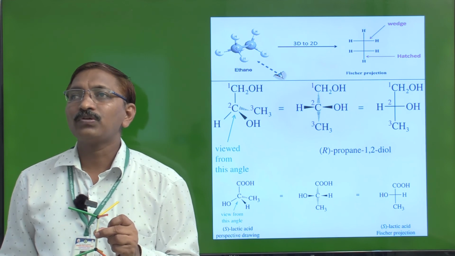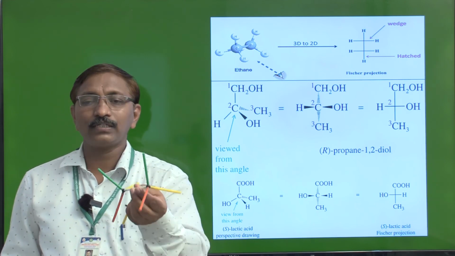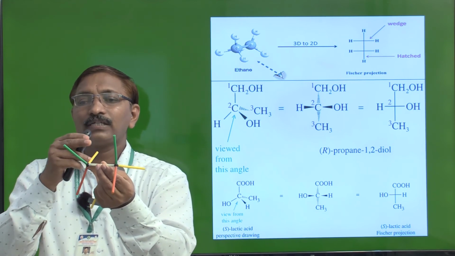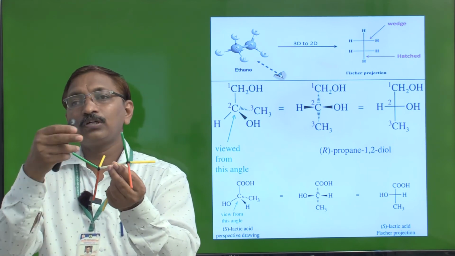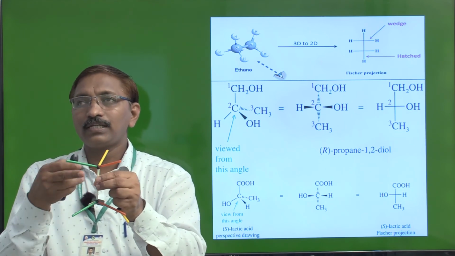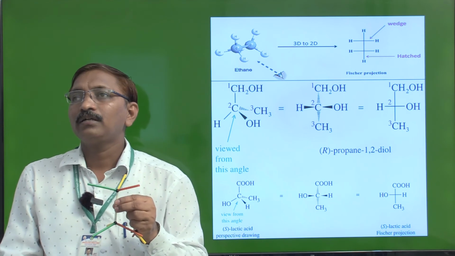In this case, we can illustrate this point, that is the Fischer Projection formula, by taking a different example. First we are going to take the ethane molecule that we just observed over here. This is the ethane molecule, and when we convert this from 3D to the 2D form, that is represented by a Fischer projection, one vertical line and 2 horizontal lines are there.